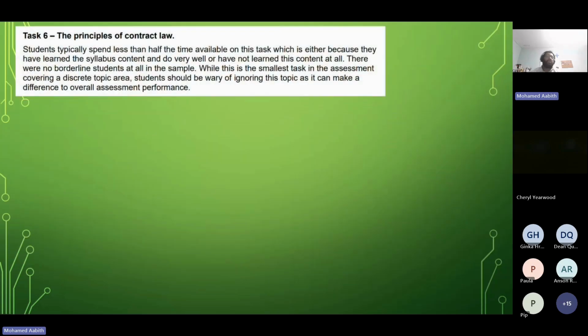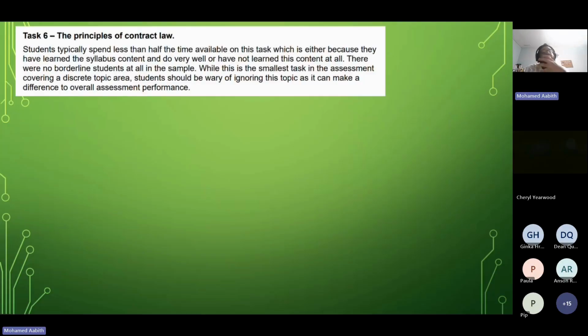And then the next question, the sixth one, the principles of contract law. Unlike the first 3 tasks, which I said to you the students perform well on, this one is not typically good for students, because they don't read enough of this, because they assume a lot of answers. They don't read the questions carefully and then end up giving the wrong answers.